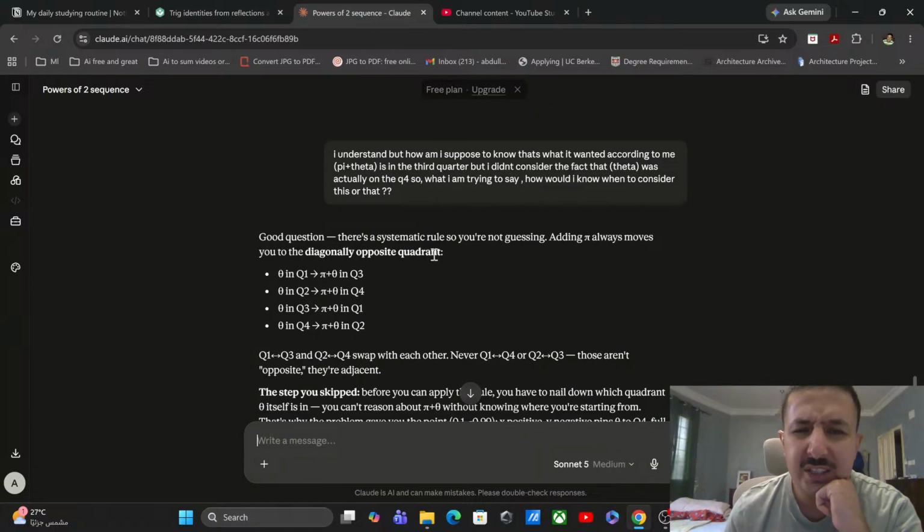Good question. There is a systematic rule, so you're not guessing. Adding pi always moves you to the diagonally opposite quadrant. Theta in Q1 plus pi gives us pi plus theta in quadrant 3.